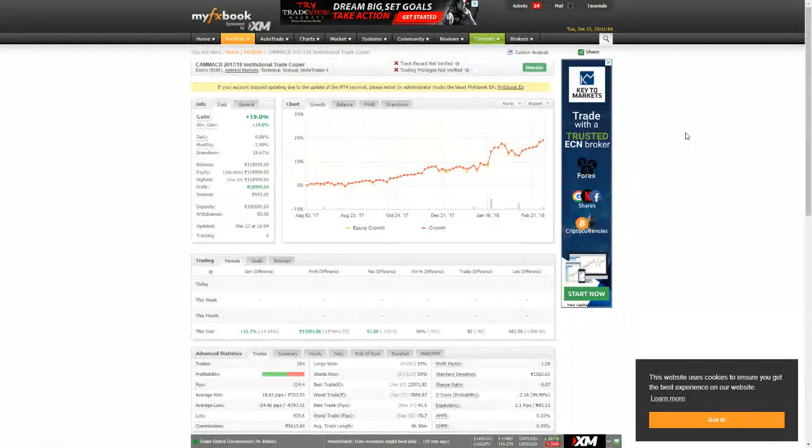And now I'm trading not with the trade copier, but actually with a 100K account. And you see, this is the institutional trade copier. We used the trade copier service, and despite some small lag, despite some small problems that we had with the trade copiers, eventually it came up to 20%, so 19%.